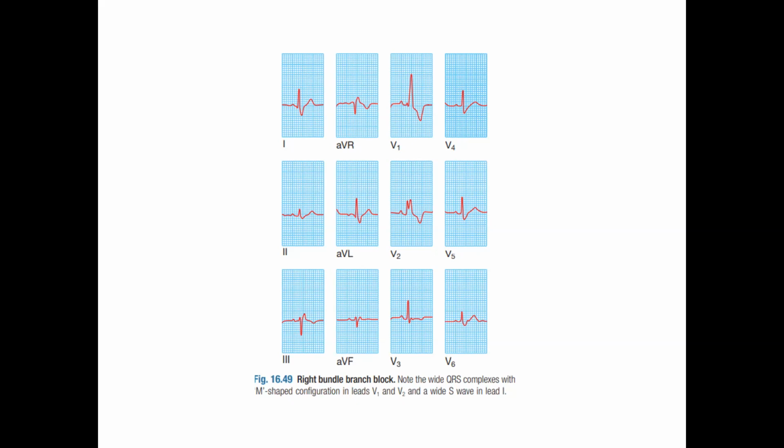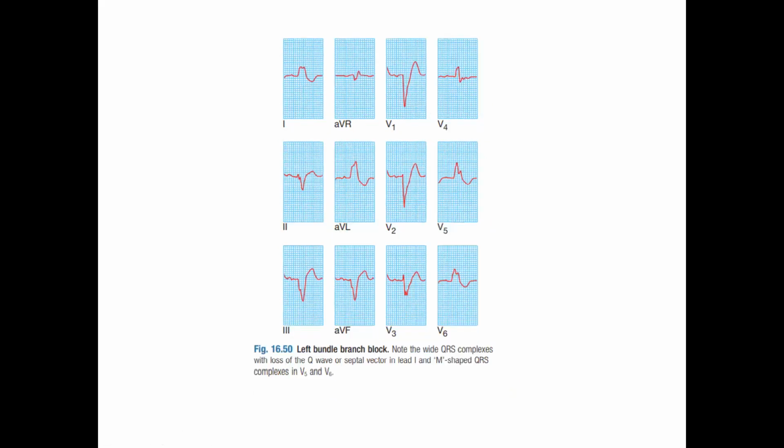In case of right bundle branch block, what we can see is an M-shaped configuration of the QRS complex in V1 and V2. You see V1, so there will be an M-shaped configuration in V1 and V2. That is seen in right bundle branch block. In case of left bundle branch block, there will be an M pattern in V5 and V6.